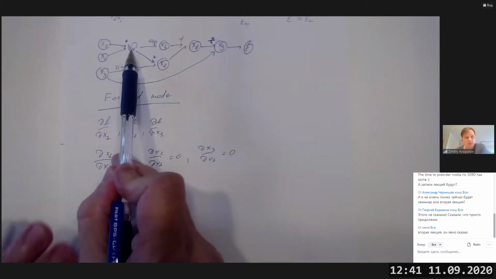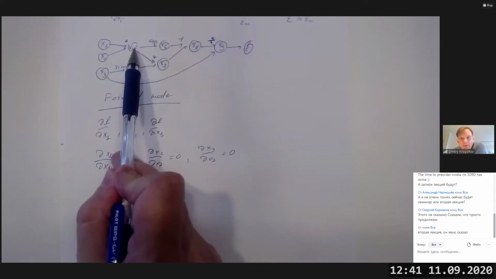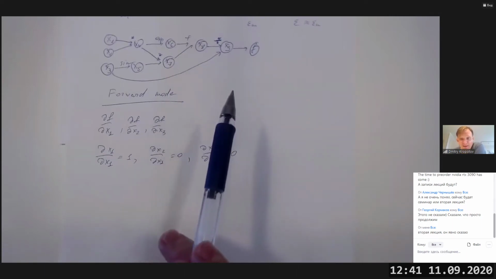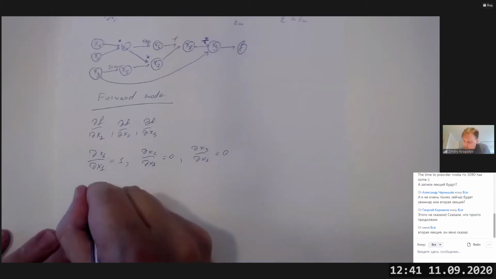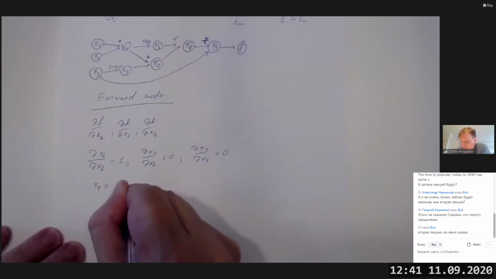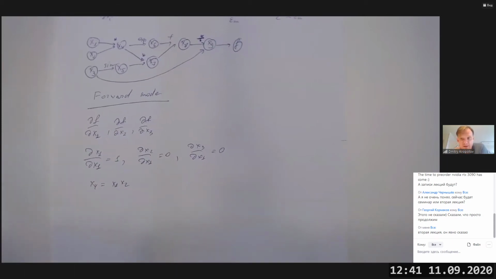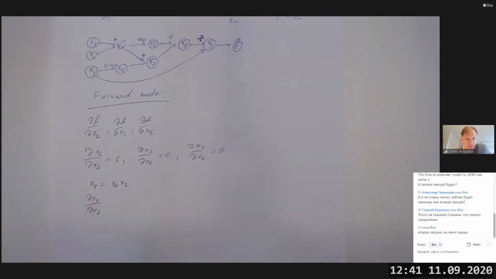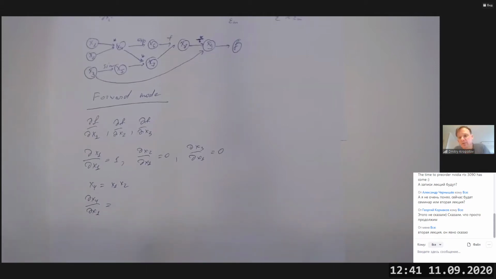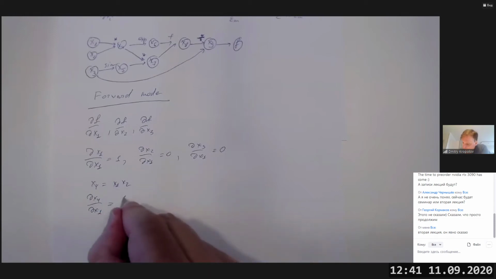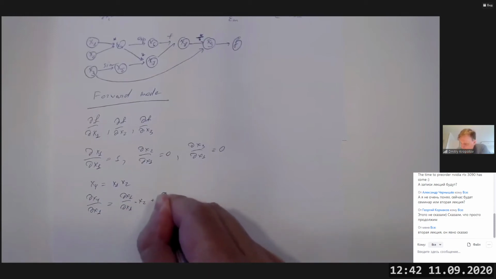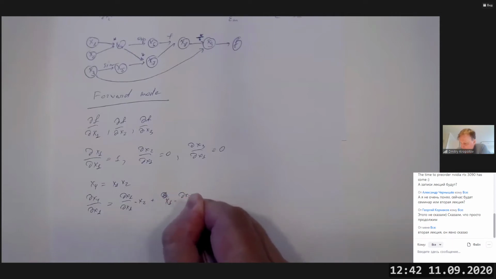Then move to the right and first calculate x4, which is needed in order to calculate finally our function f. We calculate x4 as a product of these two, and simultaneously we calculate the derivative of x4 with respect to, say, x1, using simple derivation rules like the derivative of a product. So it would be like this.